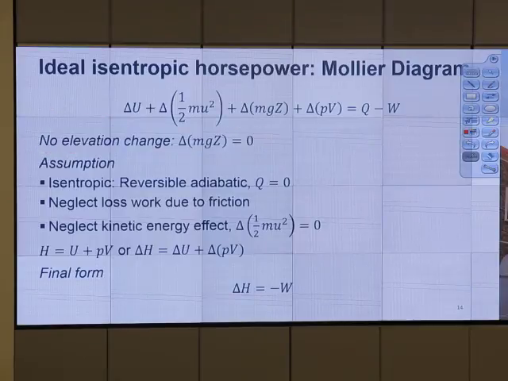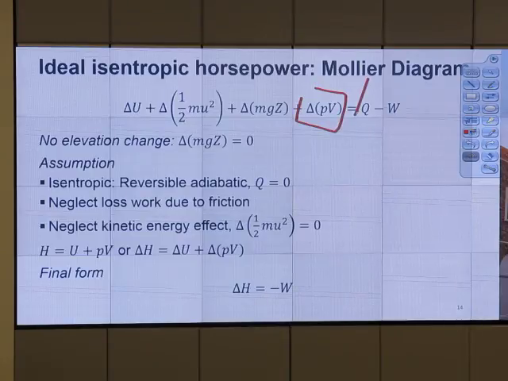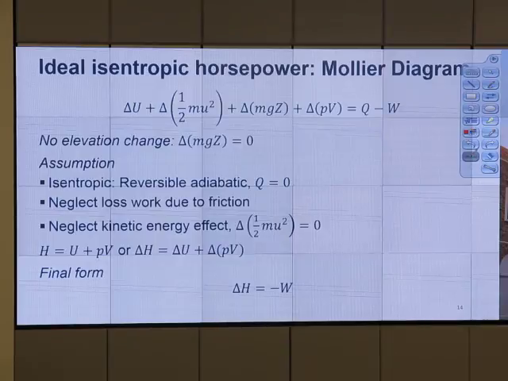The change in the elevation is negligible. If you think about it, a compressor is sometimes big, right? And there is a little bit of change in the elevation, but that doesn't matter. The energy change due to the change in the elevation is a lot less compared to other terms. So we can neglect that, and we try to get the ideal horsepower.